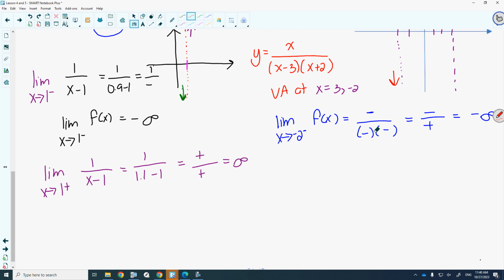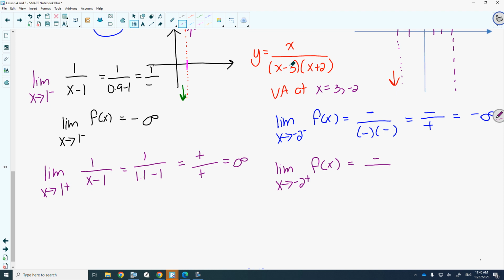Okay, let's find the limit as x approaches negative 2 from the right-hand side of f of x. I'm going to pick, Karis, what number? Negative 1.9. Okay, so I'm going to put negative 1.9 in my numerator, and I'm going to have a negative number. I'm going to put negative 1.9 here. It doesn't matter what the number is.